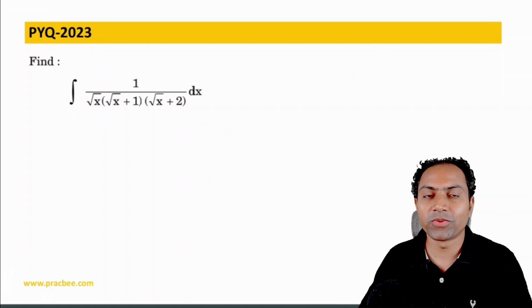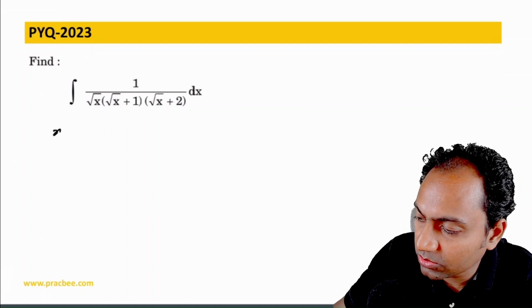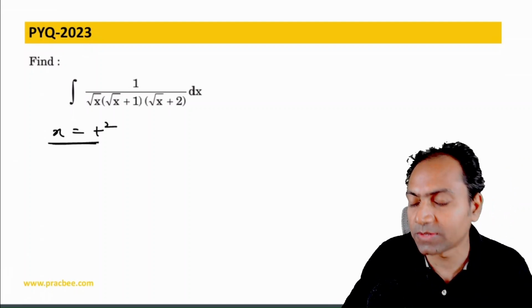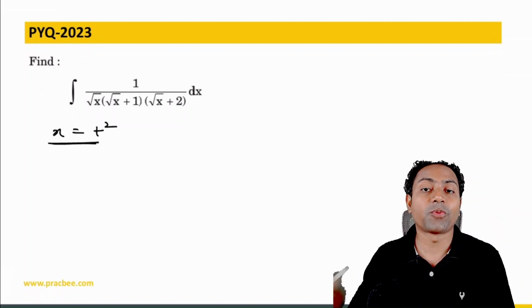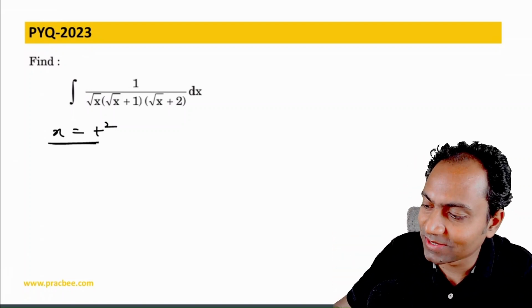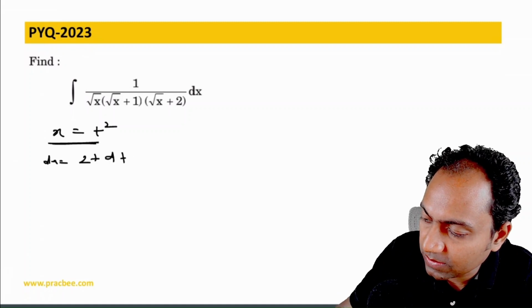If I look into this 2023 question that was asked in the exam, what you can do is put x as t square. First remove this root sign. Always remember that whenever root signs are there, the general policy is to remove that root sign or simplify it in a certain manner. So this becomes dx is equal to 2t dt.